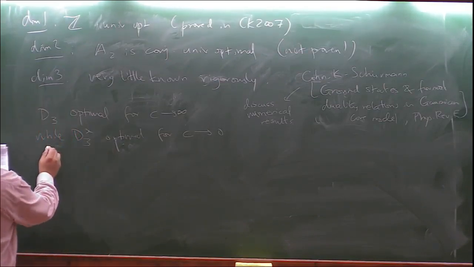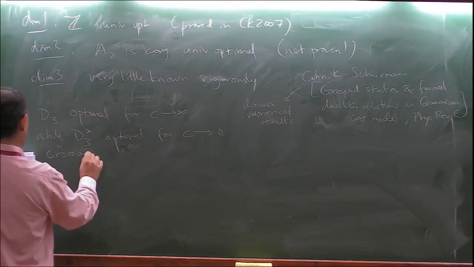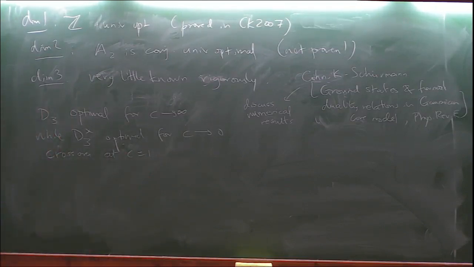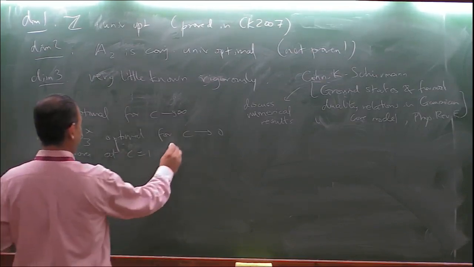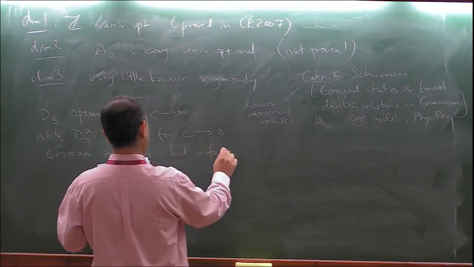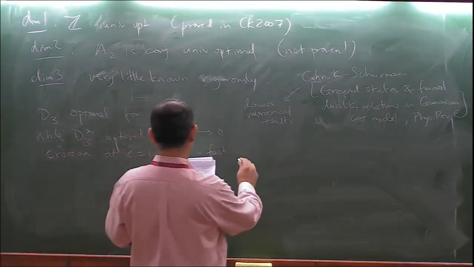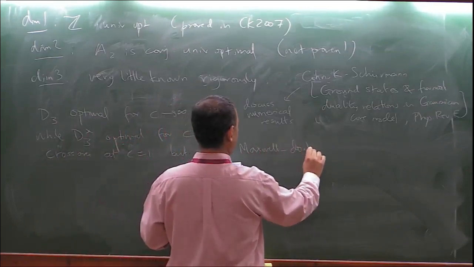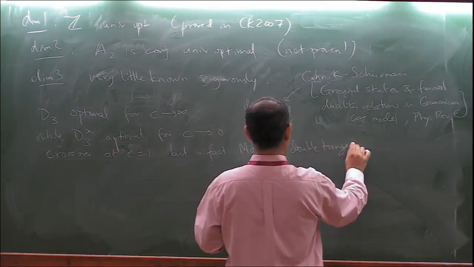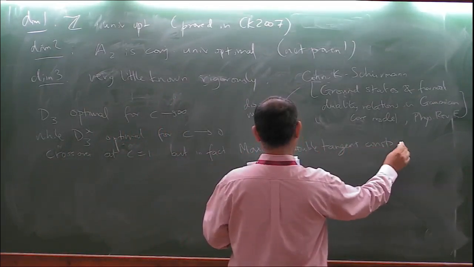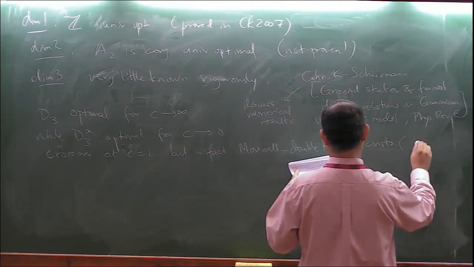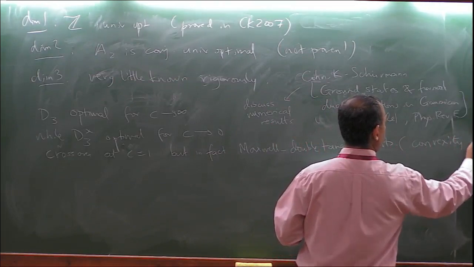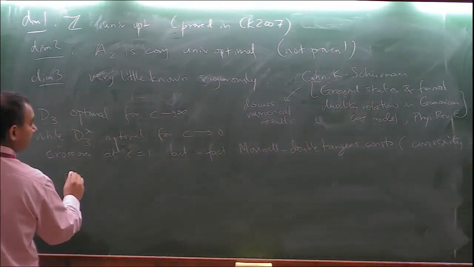The crossover should be at C equals 1, which is self Fourier dual, but in fact there's something the physicists call the Maxwell double tangent construction. Sounds fancy, but it just means that the potential energy is convex as a function of C.